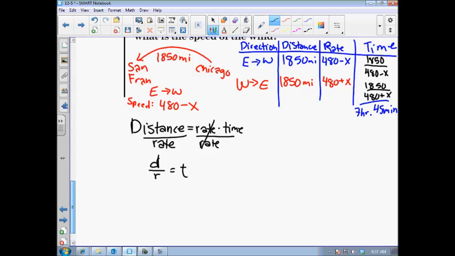Okay, if you want round trip, you go to San Francisco and back. What mathematical operation represents and? You go this way and this way. Plus.